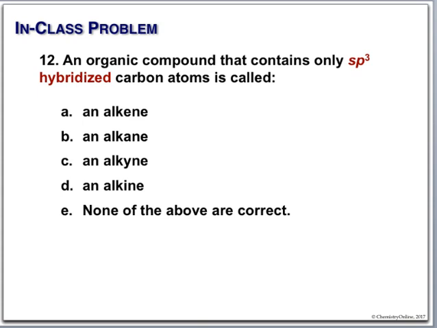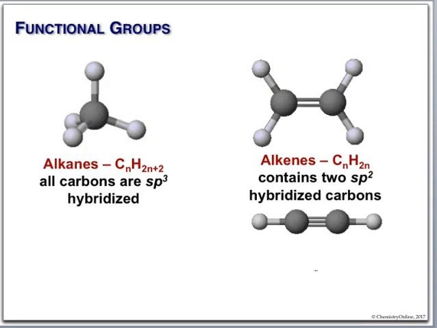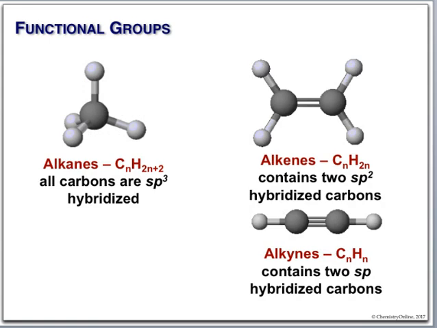Now, when we talked about hydrocarbons, we talked about 3 basic hybridizations. We had alkanes, alkenes, and alkynes. The alkanes, we said, only had single bonds. Alkenes had at least one carbon-carbon double bond.